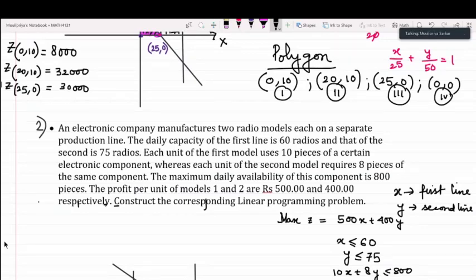Anything else? X and Y greater than or equal to 0.